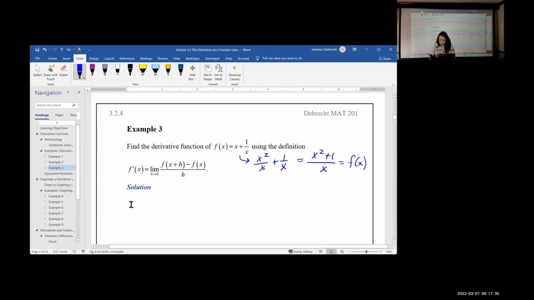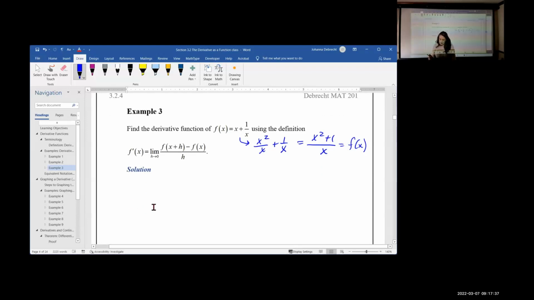Okay. All right. Then the next thing, and the reason I would do that is it's difficult to deal with ones that are mixtures of fractions and not fractions. It's easier if it's all a fraction or not a fraction. So then we're going to find f of x plus h. We're going to take our function and we're going to open up holes wherever we have the variable x. So it looks just like our function up here, something squared plus 1 over the something.